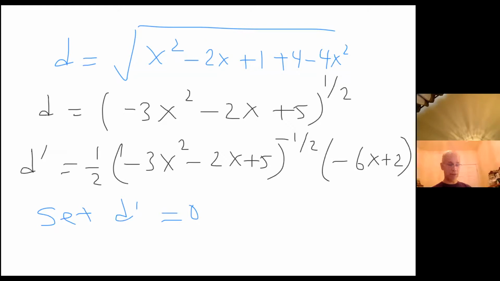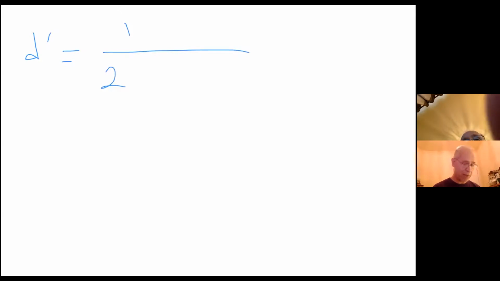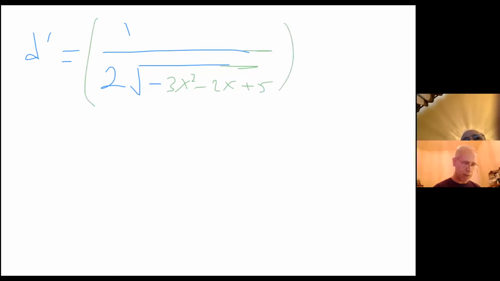Going to the next page, d prime equals 1/2 over the square root of negative 3x squared minus 2x plus 5, times (negative 6x minus 2).